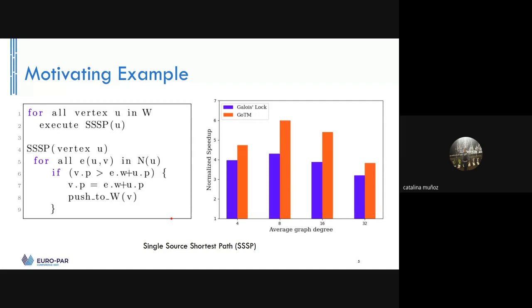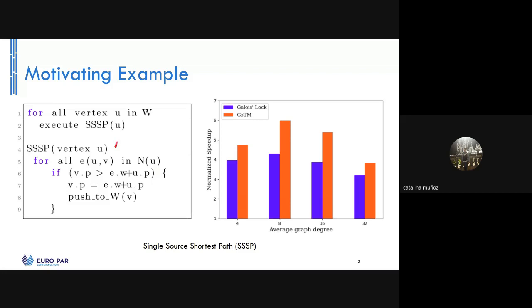This is our motivation, the main reason why we think both software and hardware transactional memory implementations can be used in graph processing. To show you an example of this, I have here a pseudocode of a very typical implementation of the single source shortest path application. This application is written here using a vertex-centric model.